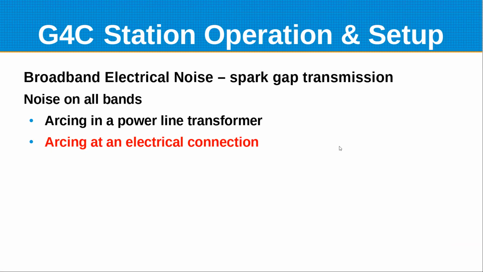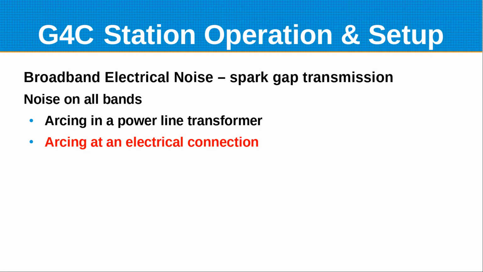Broadband electrical noise or spark gap transmission, such as spark plugs in your car, creates noise on all bands. Power line transformers arcing over or the insulators on power lines cause that wideband noise.